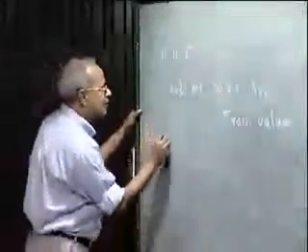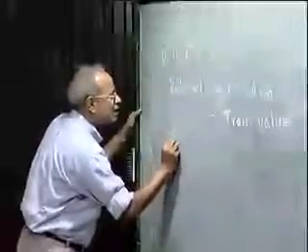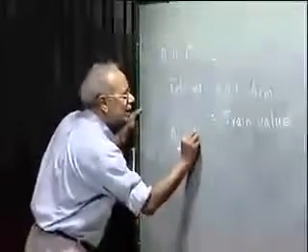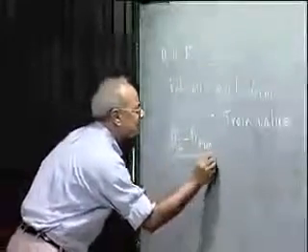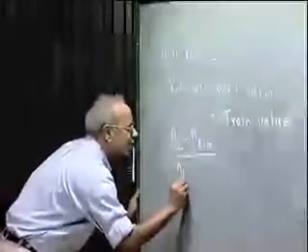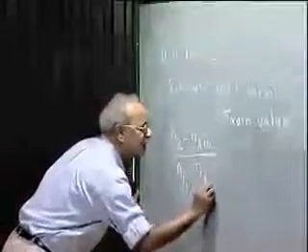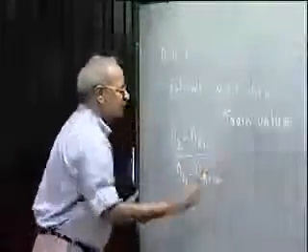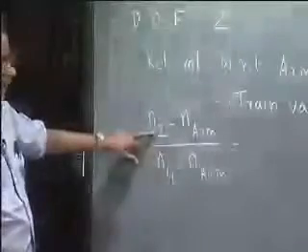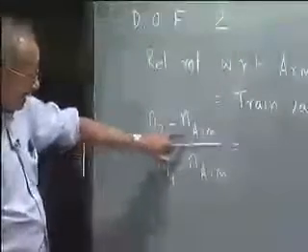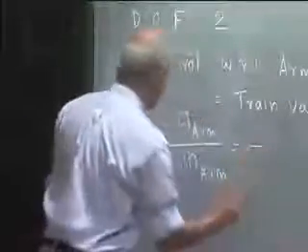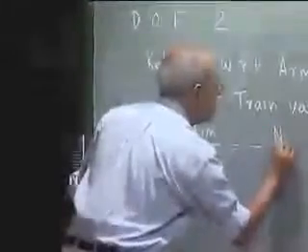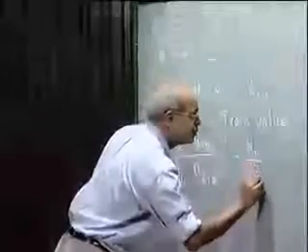Which means if I write speed of gear 2 minus speed of arm, small n refers to the RPM, by N4 minus N arm, where 2 was the sun gear, 4 was the planet gear, and N arm refers to the speed of the arm. Then this, for external gearing, was given by N4 by N2.